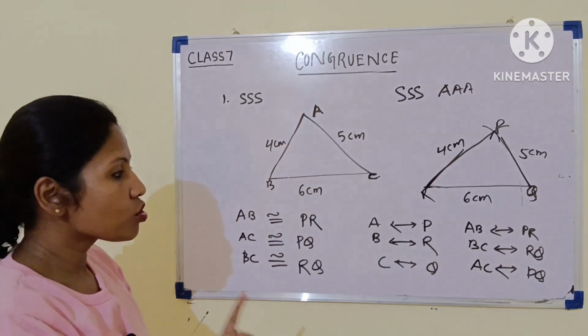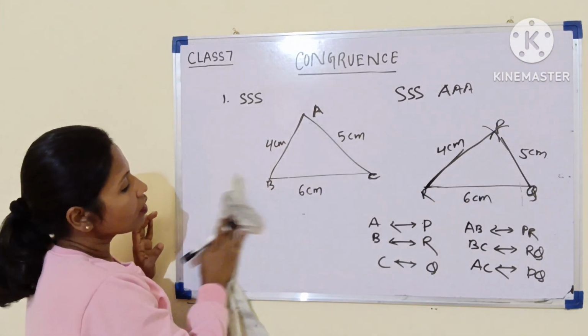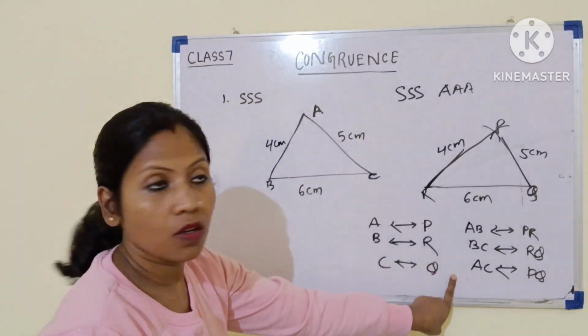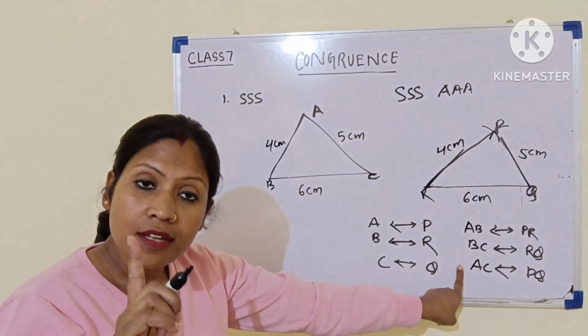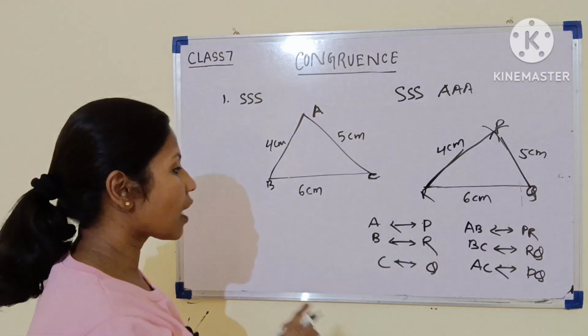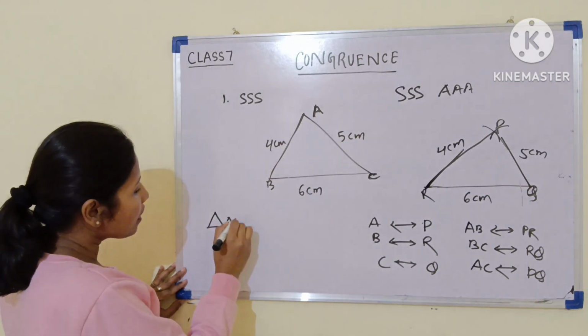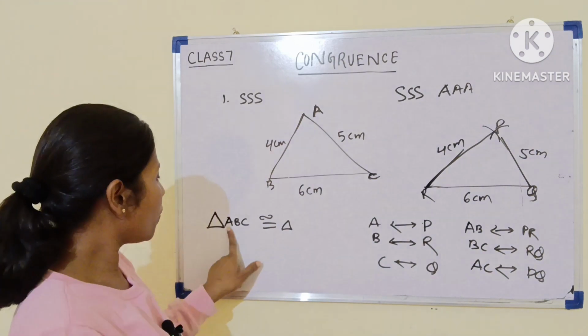So if someone asks you to write whether these 2 triangles are congruent or not, first you have to take care of this. First you write the corresponding vertices and corresponding sides. Then you write the triangles: triangle ABC is congruent to triangle.